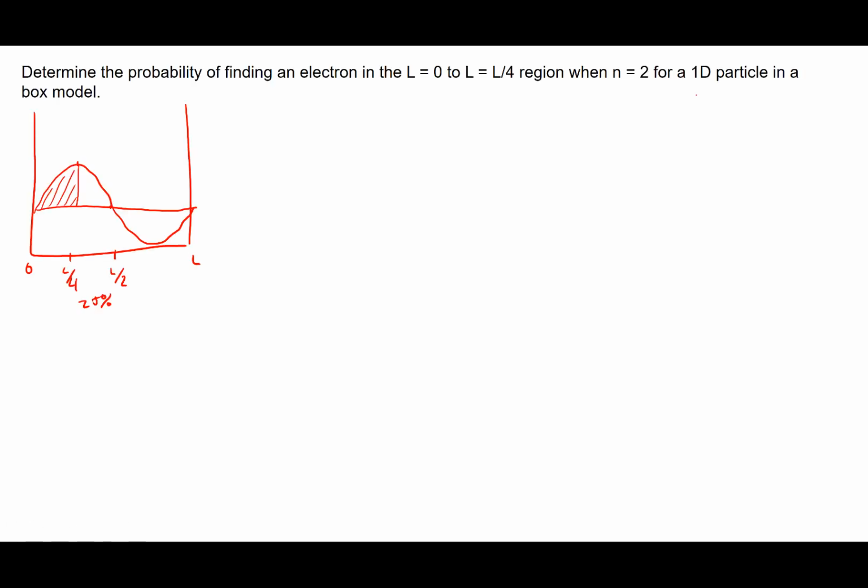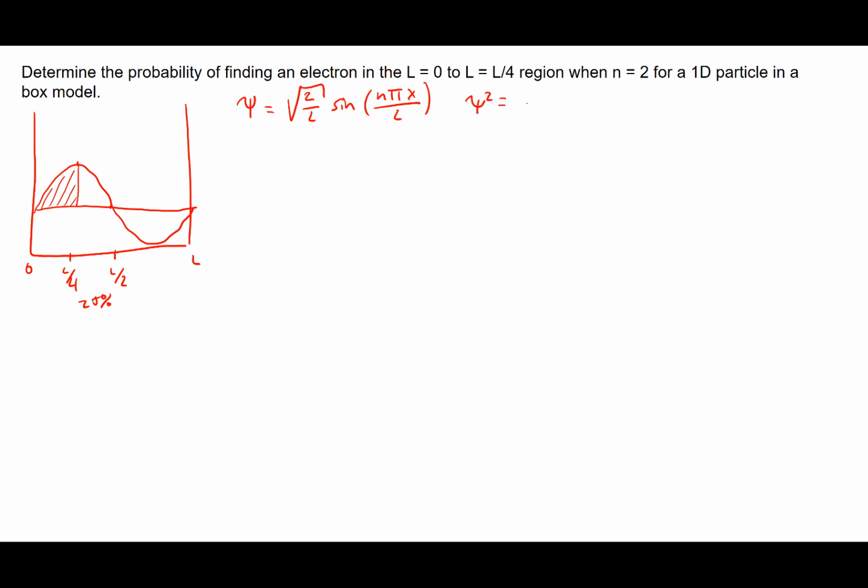So if we write out the equation for the wave function of a 1D particle in a box, the wave function is equal to the square root of 2 over L times the sine of n pi x over L, where n is the principal quantum number, x is the position, and L is the length of the box. And the probability is simply the wave function squared.